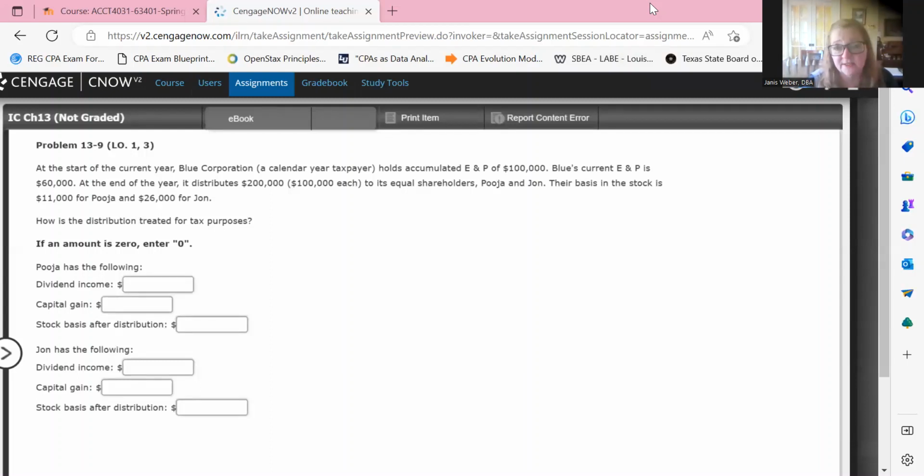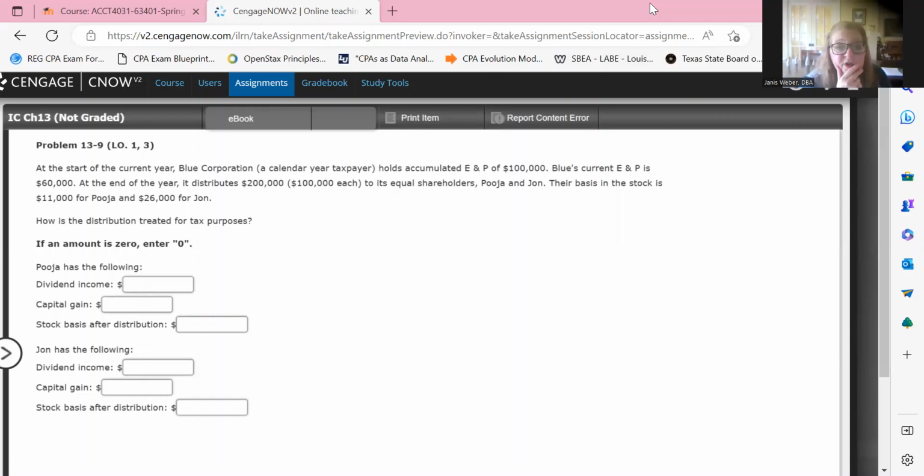I'm sorry, current is 60, and 100 is the accumulated, for a total between the two of 160. They're equal shareholders, so we'll divide it by 2 to see how much each of their allocated piece of E&P is. There we go, an 80,000 piece.